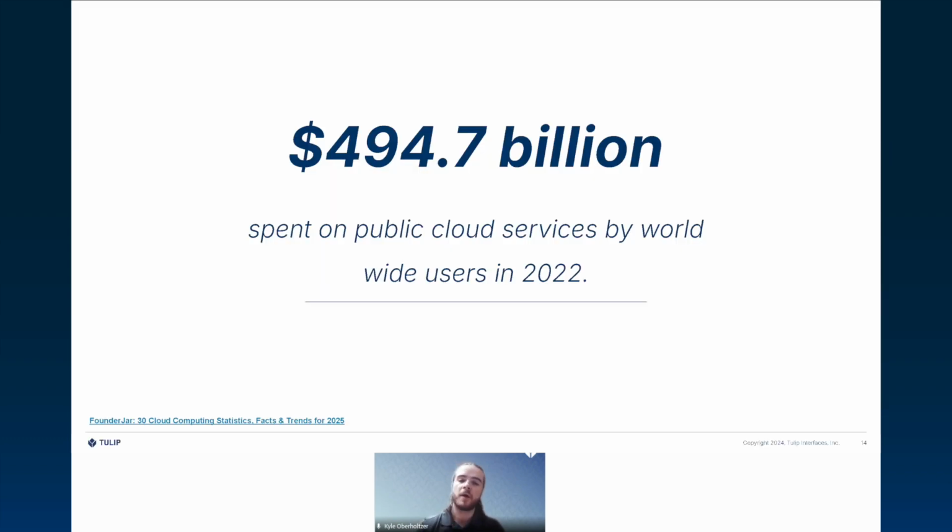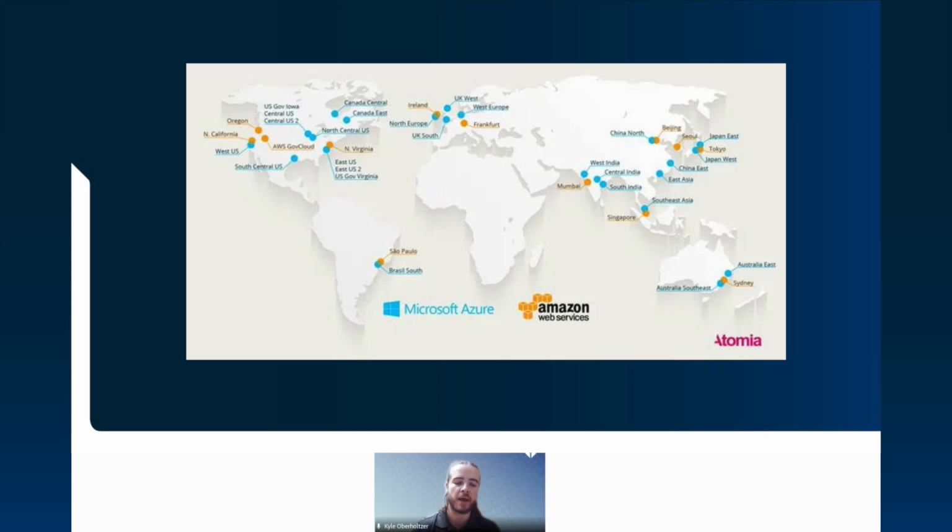The main one that we see first is the growth of cloud computing and cloud services, public cloud services in the APAC region, right? So in the past 2 or 3 years, specifically Microsoft and AWS have put a lot of time and development into expanding their APAC cloud hosting market.